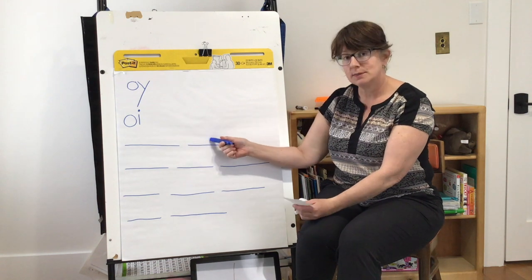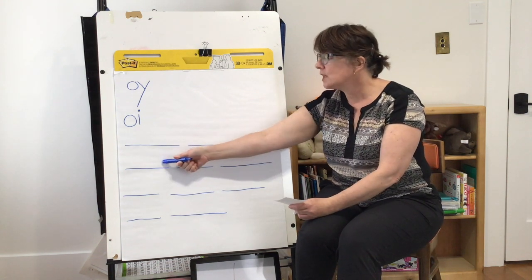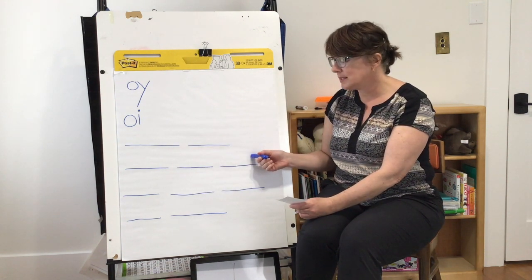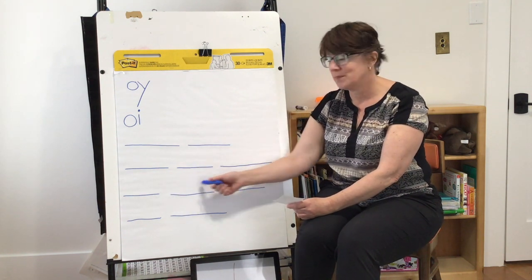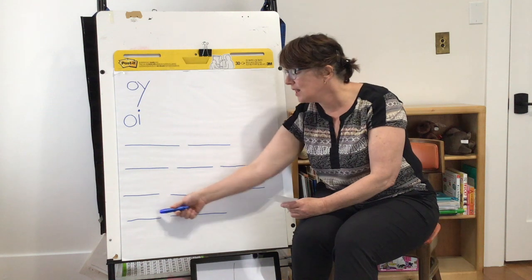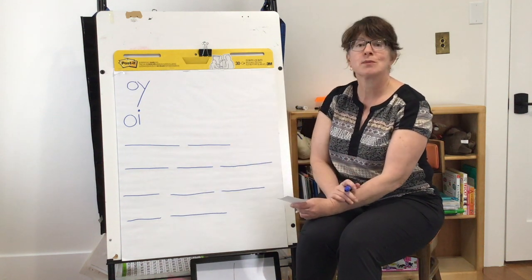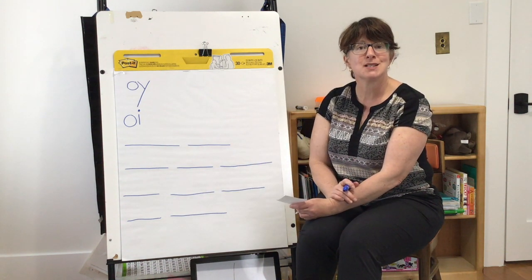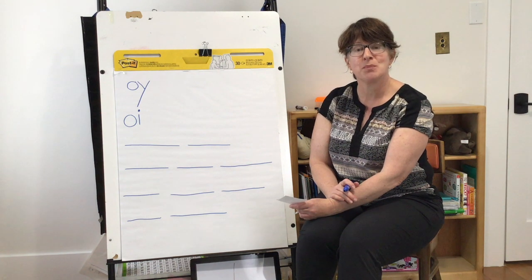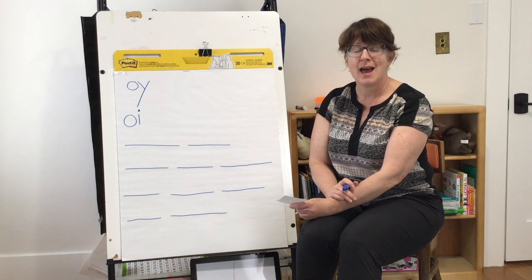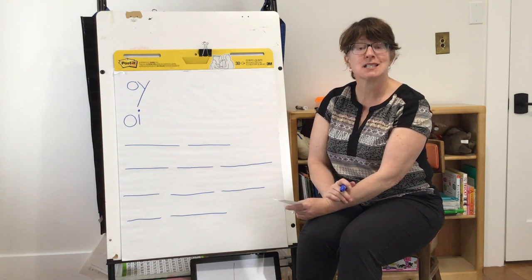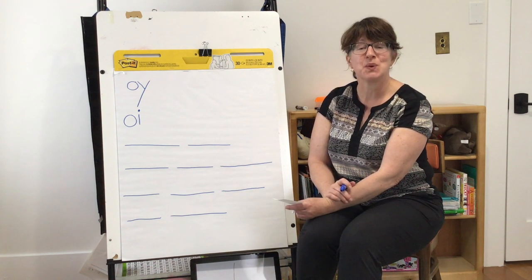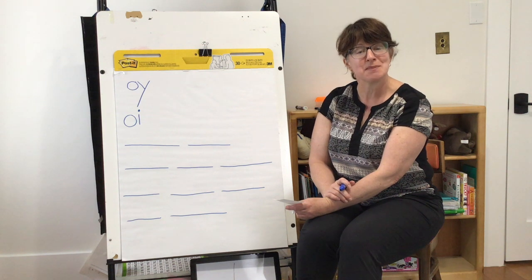The boy lost his coins and toys in the soil. I'll give you a minute to write the sentence, pause the video here, and when you come back, we'll work out the sentence together, and you can check if you wrote your words correctly.